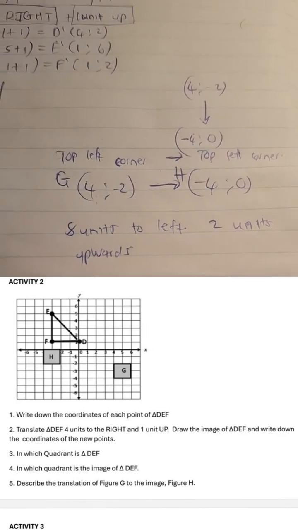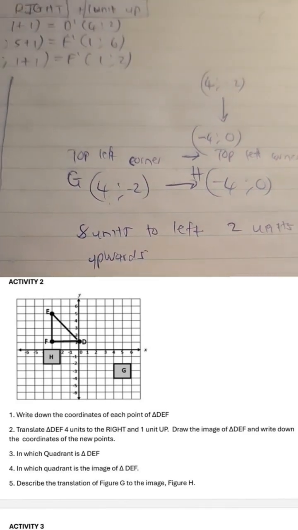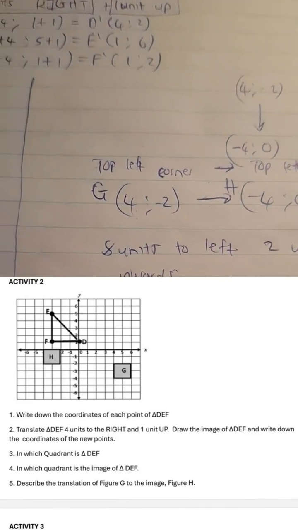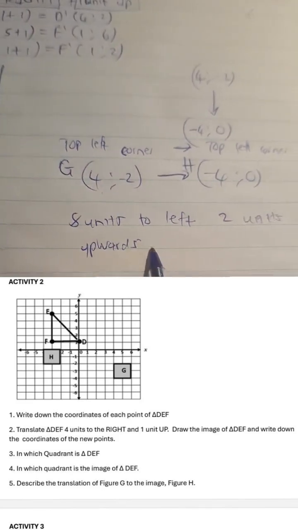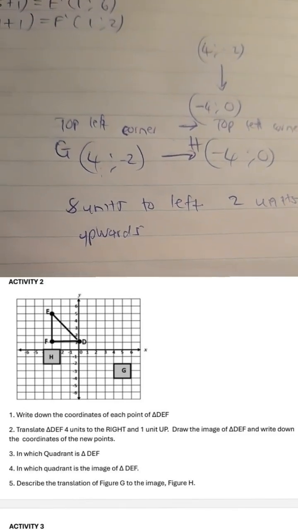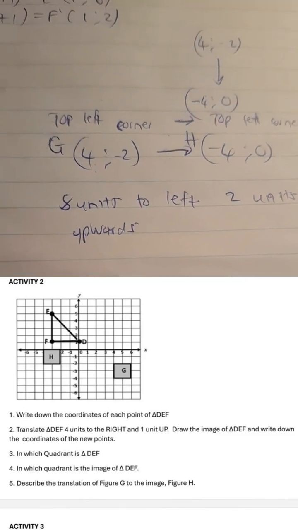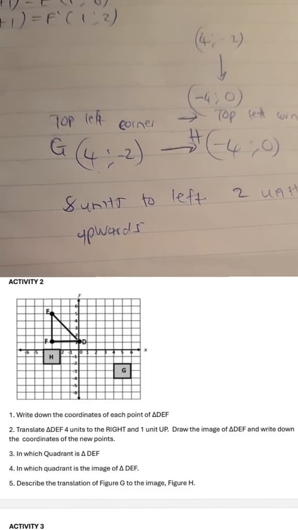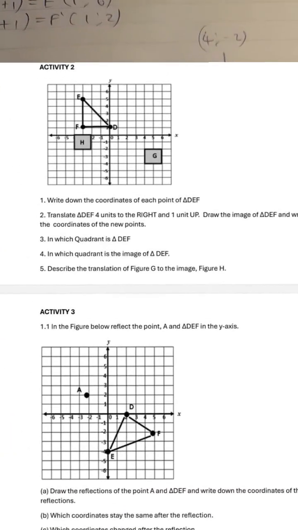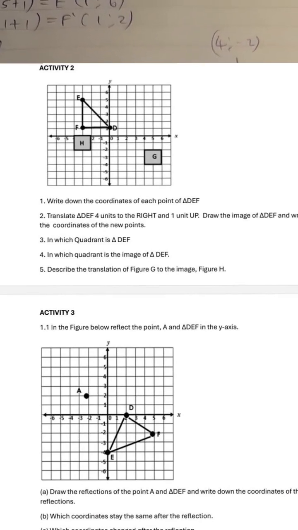So 8 units to the left, 2 units upwards. That means Lesego was 100% spot on. Anika, I hope you understand now where you may have slightly gone off the mark. I'm sure that is clarified and you are clear. Hopefully there's clarity now.